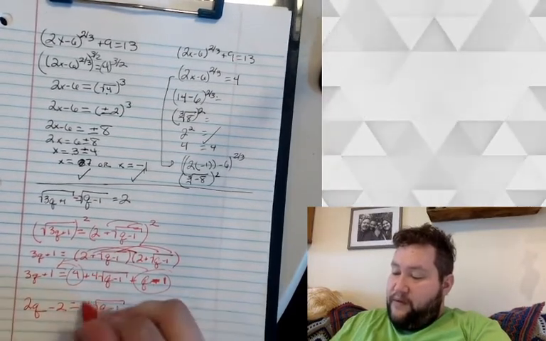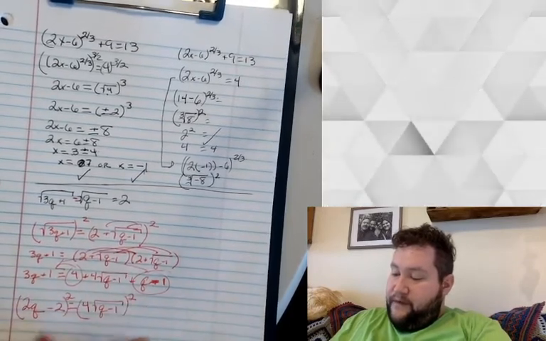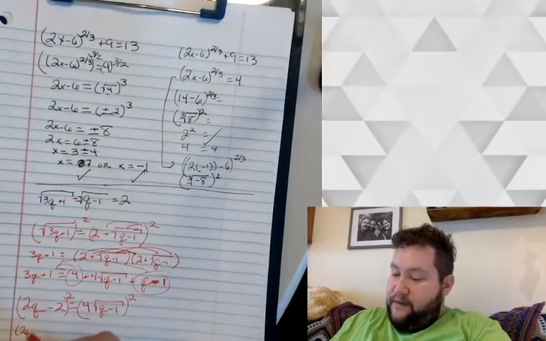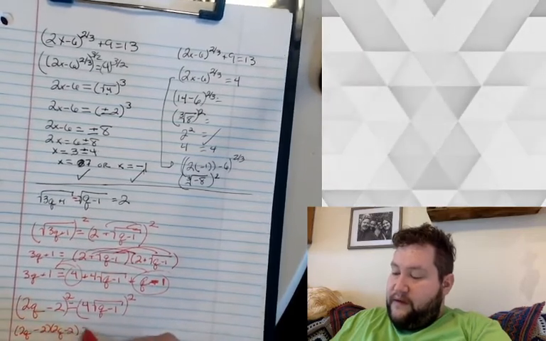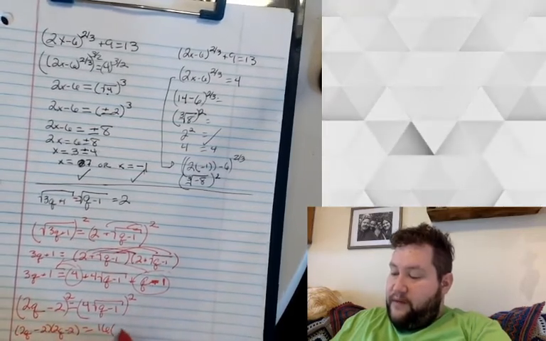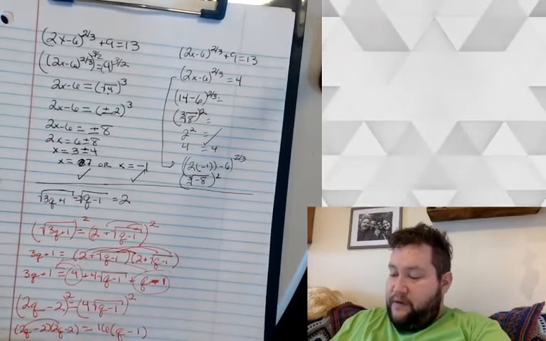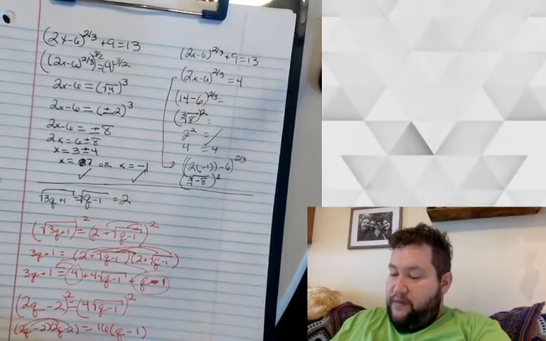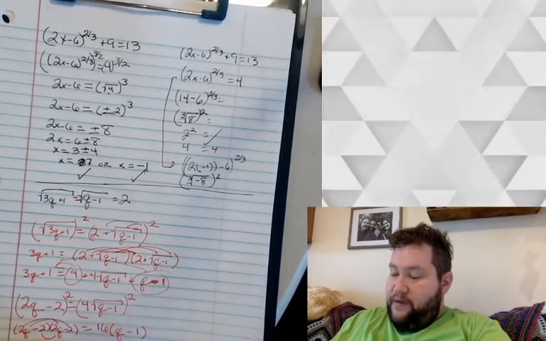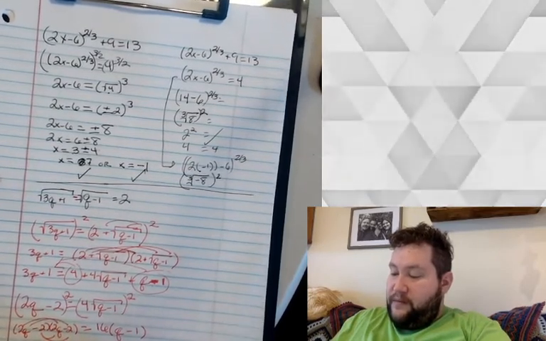We'll go ahead and square both sides. So this is 2q minus 2, 2q minus 2 equals 16 times q minus 1. 2 times 2 is 4q squared minus 4q minus 4q plus 4 equals 16 times q minus 1.